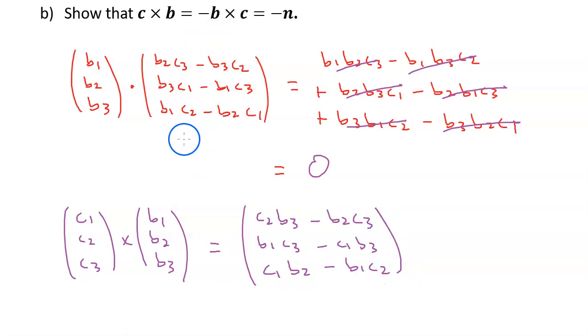And clearly, this is n over here, and this is C crossed with B, and so clearly this is equal to negative n.